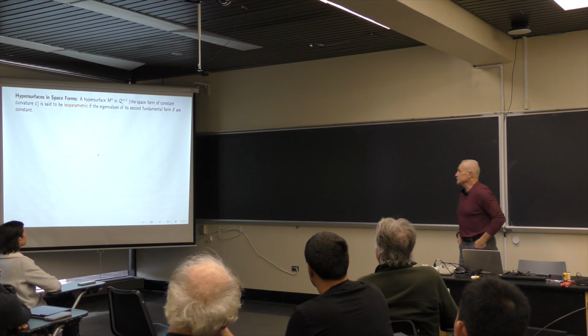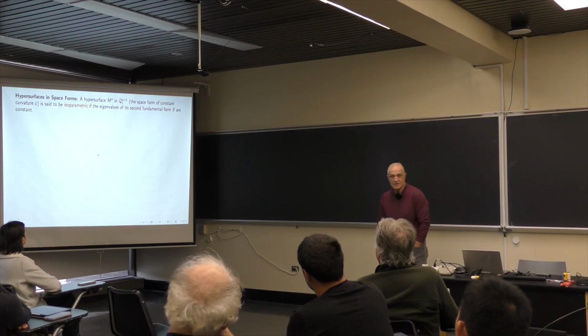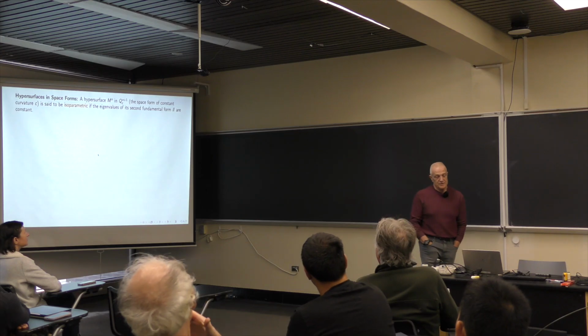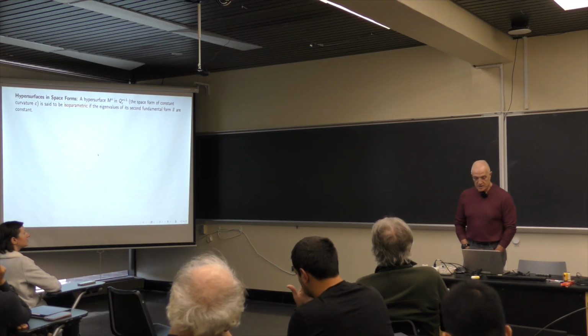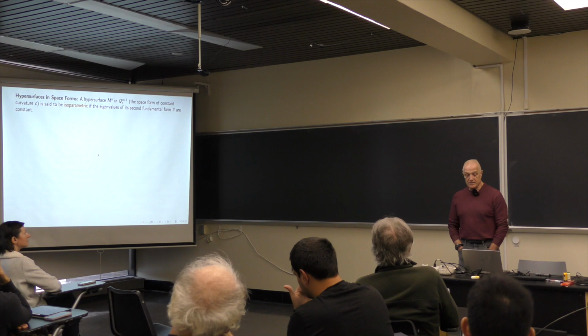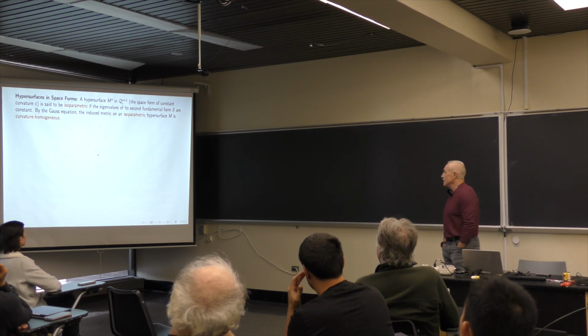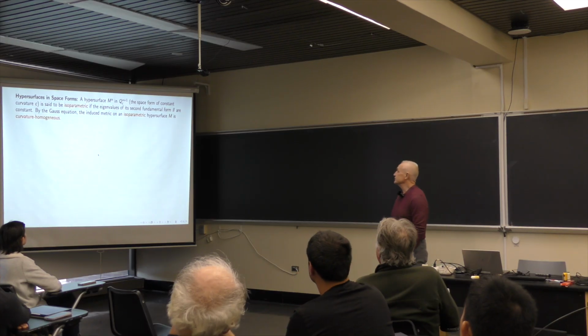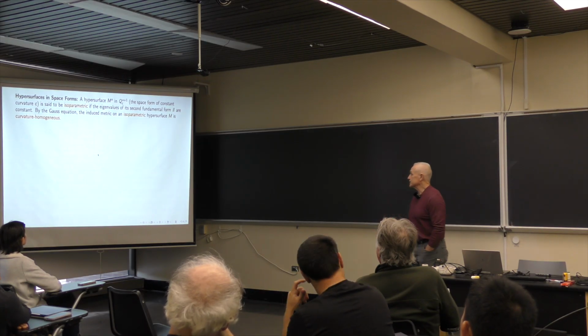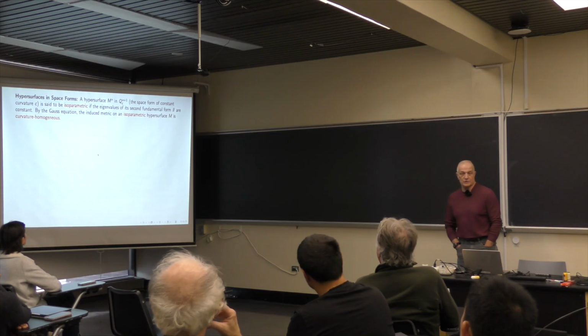You say that a hypersurface is isoparametric if the eigenvalues of the second fundamental form are constant. Because as we'll see, that implies curvature homogeneity. By the Gauss equation, if you have something that's isoparametric, it has to be curvature homogeneous.